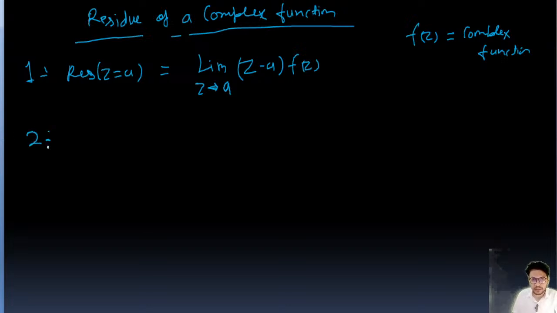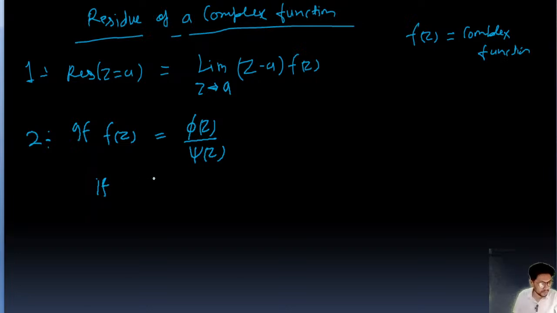Second method is, I'll solve examples, then it will clear your doubt. Second is, if we have been given the function f(z) equal to phi(z) upon psi(z), and if psi(a) equal to 0.